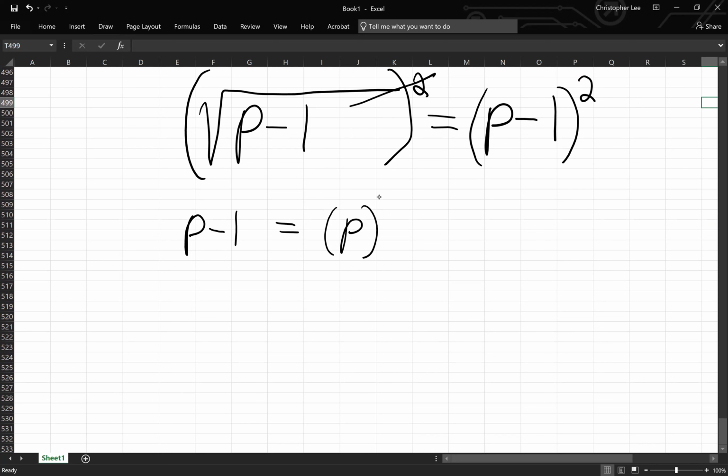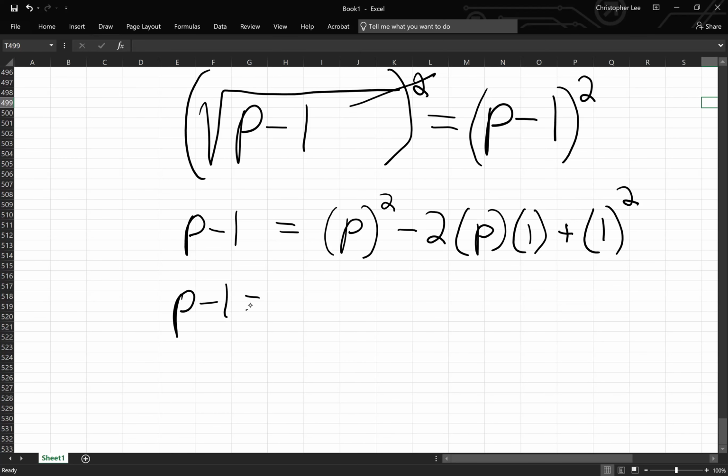P squared minus 2 times a, which is p, times b, which is 1, right? Plus the b squared. A little bit of math. This becomes what? P minus 1 is equal to p squared minus 2p plus 1, right?